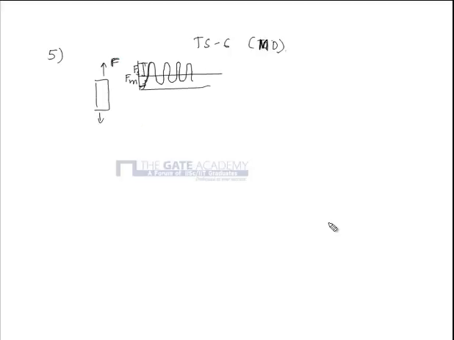So this is F. Now when a variable sinusoidal loading is applied on a specimen, if you track the amplitude with the number of cycles, the n is basically the number of cycles it will take to fail.